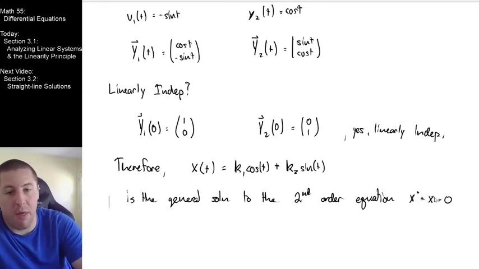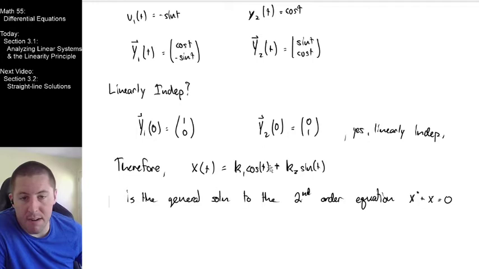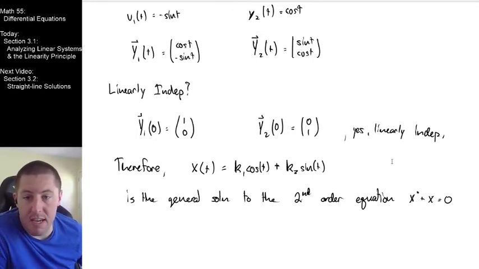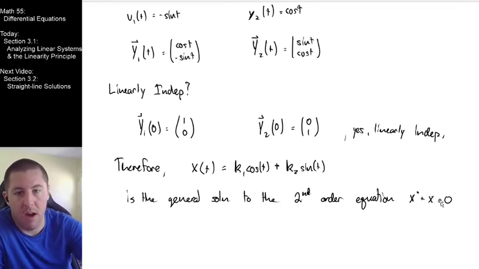So this is saying to me now that things like 15 cosine of t minus 13 sine of t are going to work here also. And if you go ahead and plug that in for x, it's going to work out.